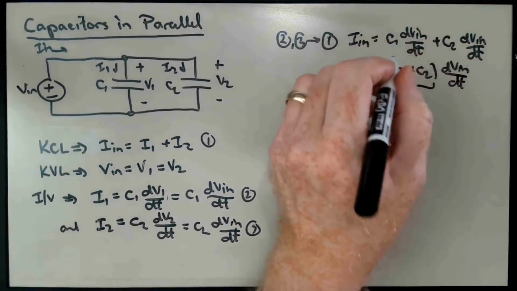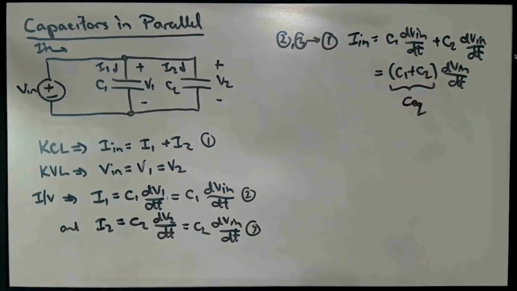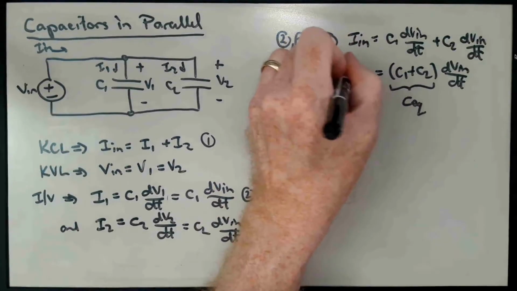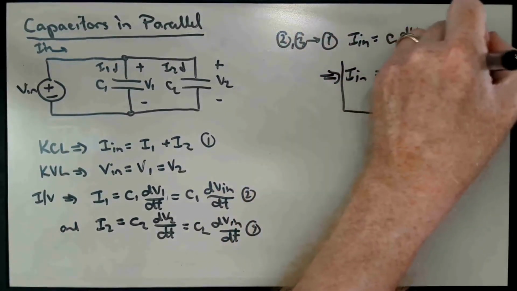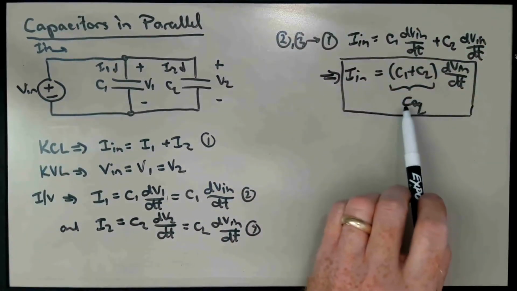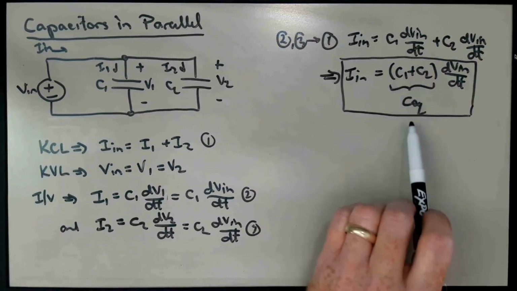And so again we have something which is equivalent to the governing equation for a single capacitor, whose equivalent capacitance is just the sum of the two capacitances that we've connected in parallel.